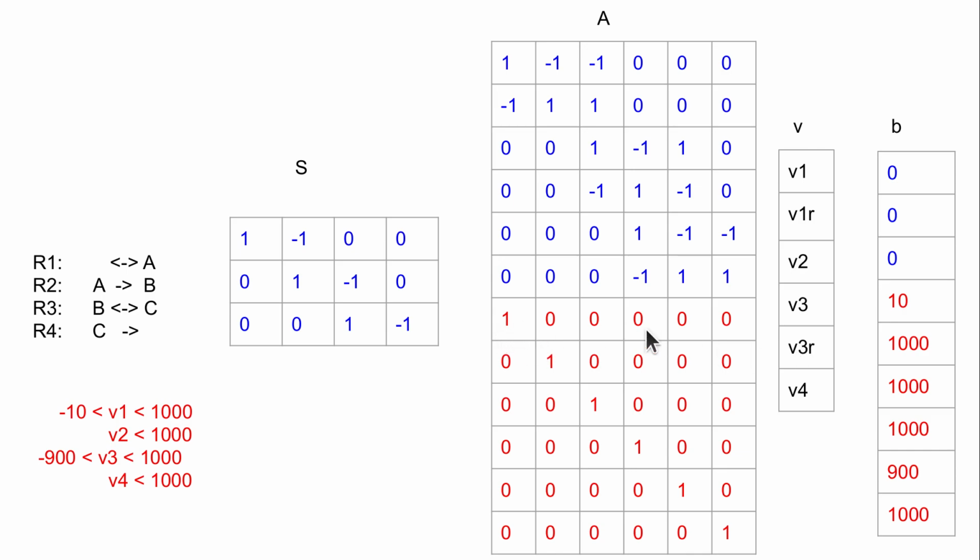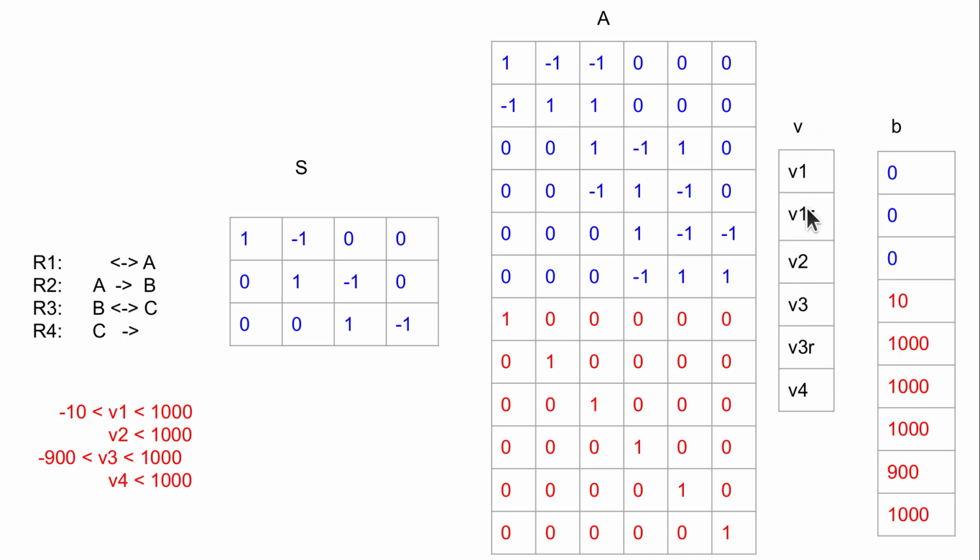Well, this lower half here shows us that virtual v1 has to be less than 10. Actually, I should have changed the order of these, but it doesn't really matter.